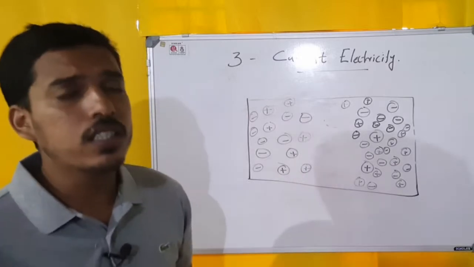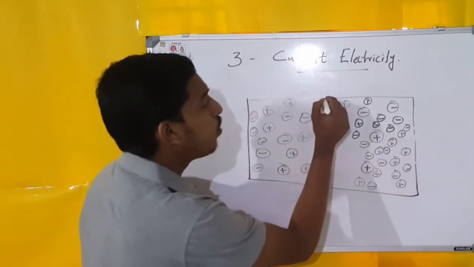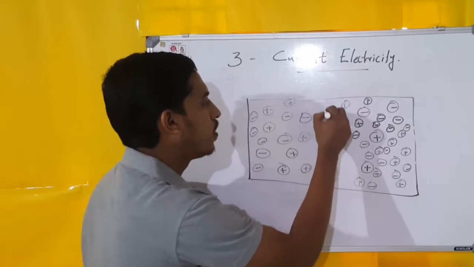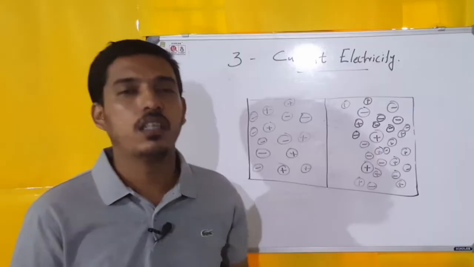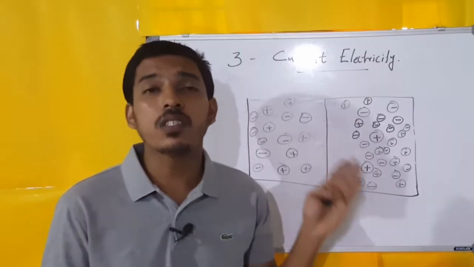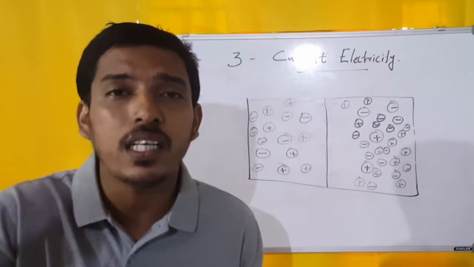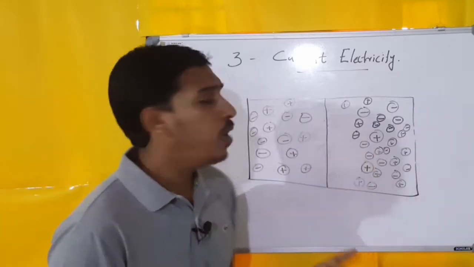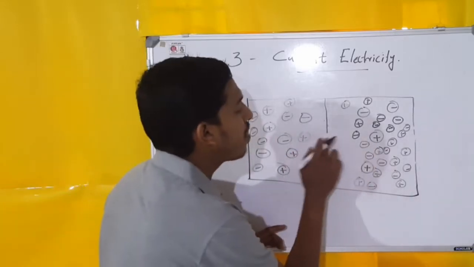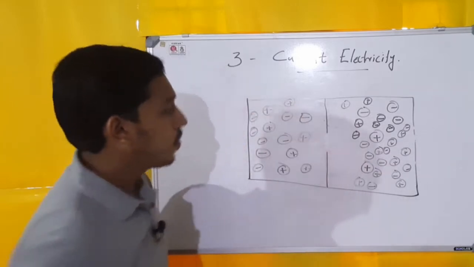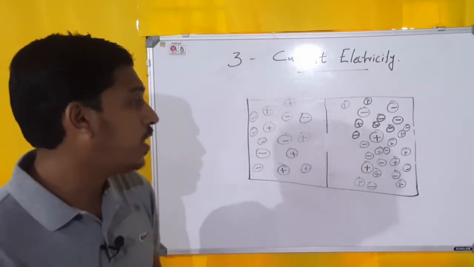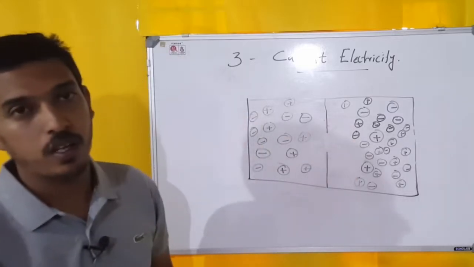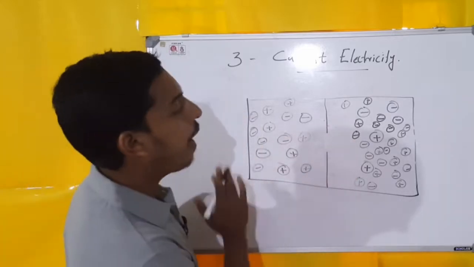Now, let's divide this closed surface by using a vertical plane through which the electric charges cannot move. Now, I am making a small window at the center of this vertical plane. Now, the electric charges can move through this window in the forward and backward direction.